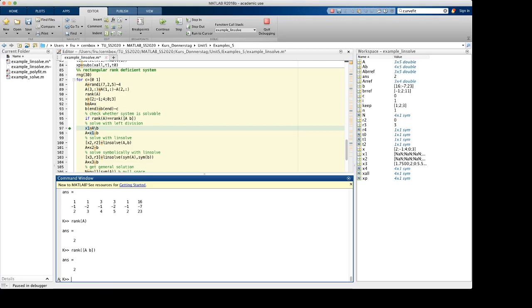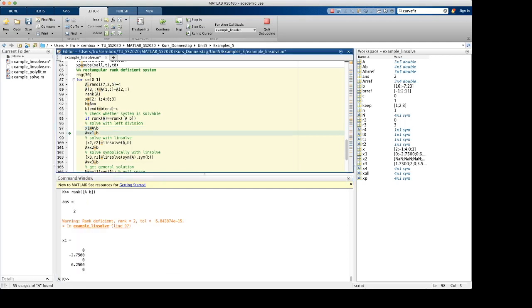We can try to solve with left division. This will give a warning, rank deficient, but the solution is valid. The right-hand side, A times x2 minus the right-hand side, is of the order of 10 to the minus 15.